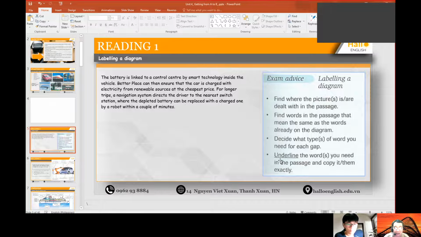Okay, and then after that, Koi, underline the words you need in the passage and copy them exactly. Yes, that's why you need to have a notebook, or maybe a note or a paper and a pen with you, because you have to jot down everything, especially the keywords.